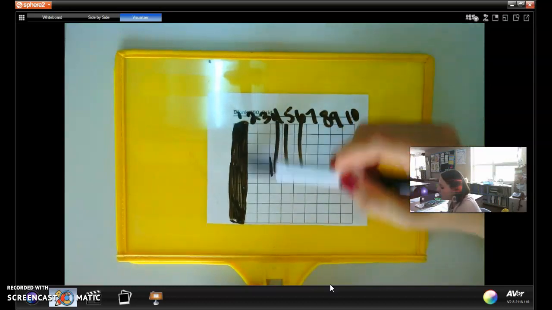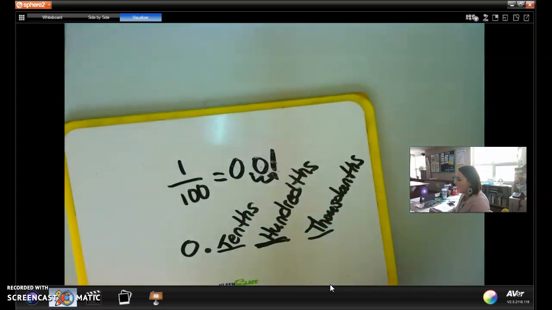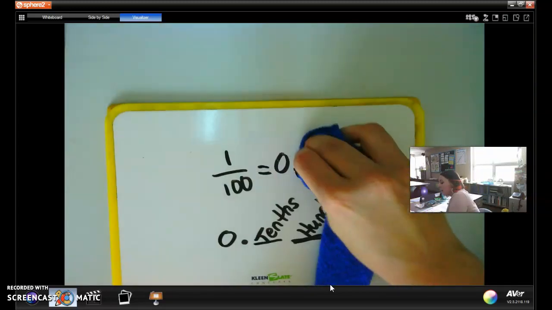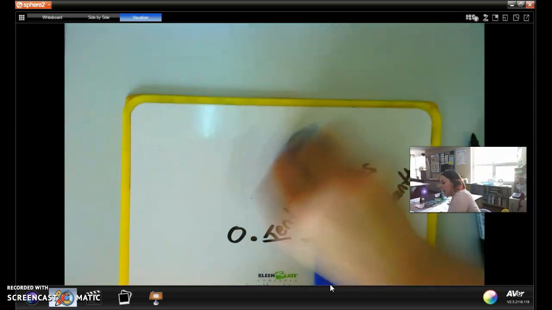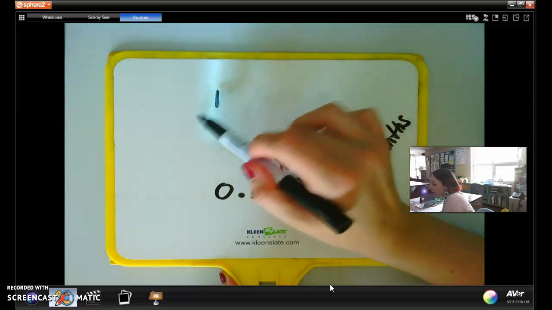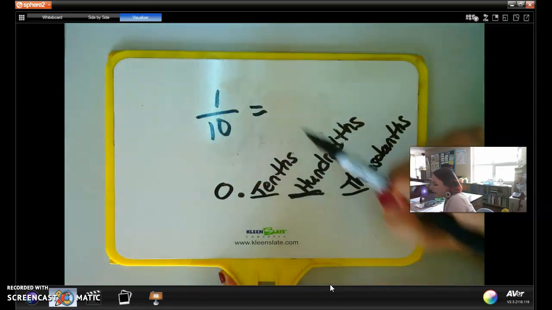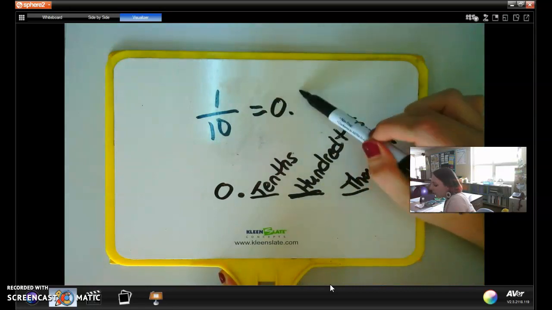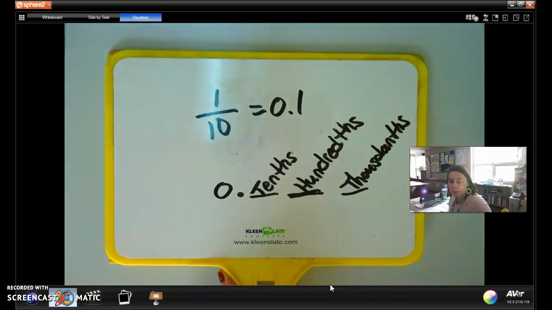So that means if I shade just one of these in, that is representative of 1/10 because I have 1 out of 10 of those rectangles shaded of my whole. So I can write that as a fraction as 1/10, or I can write that as a decimal as 0.1 because this 1 is in the tenths place. Okay?